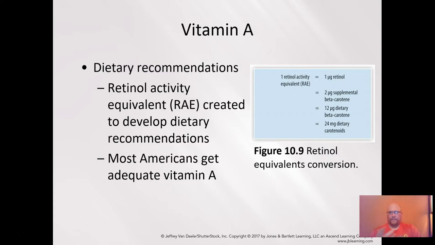I don't remember what slide number this is in your notes, but you can go down and find the one that has this blue table with the different types of vitamin A. You would have seen on a page before this, retinol.